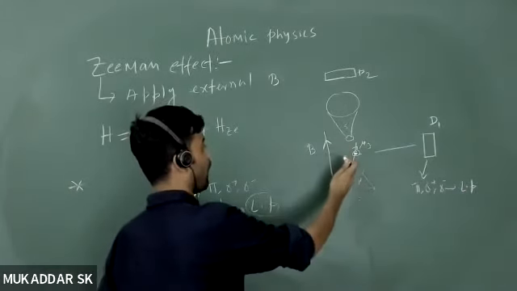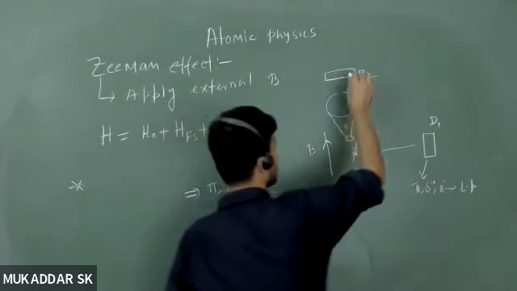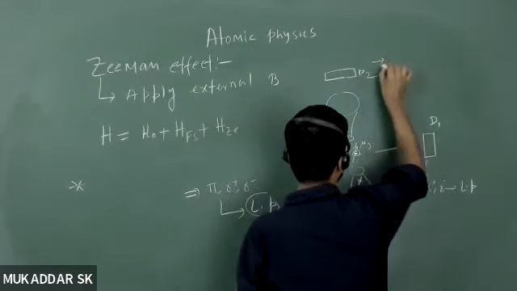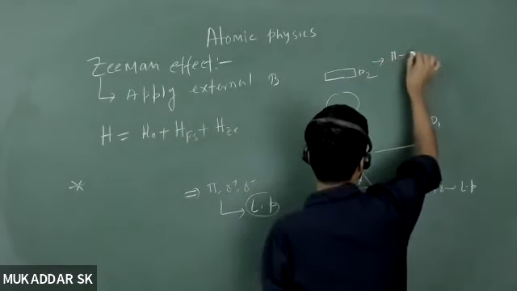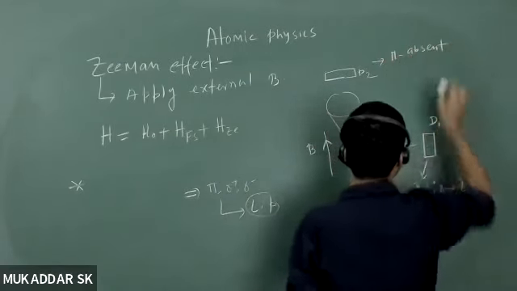If you see the emitted photon parallel to the applied magnetic field, then your pi component will be absent. This is an experimental observation.